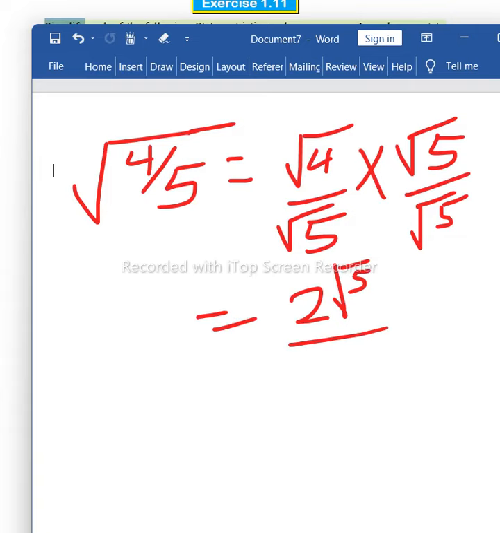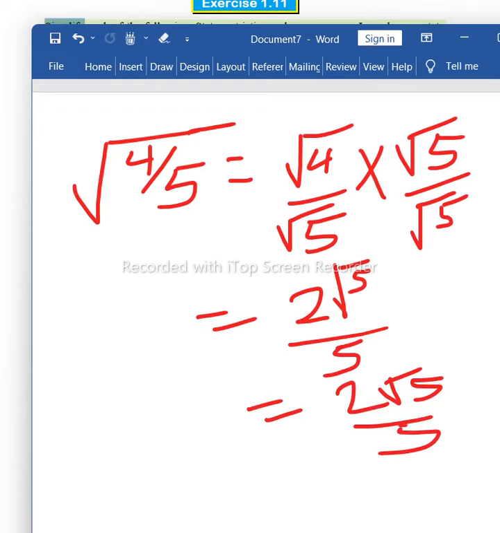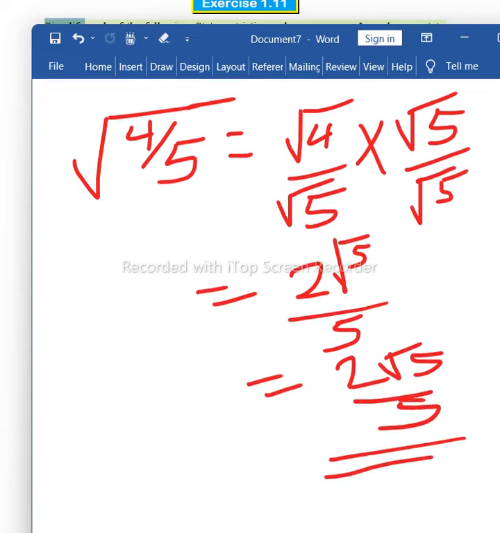The denominator is square root of 5 times square root of 5, which is square root of 25, which is 5. So we get the final answer of 2 square root of 5 over 5. This is the final answer for this question.